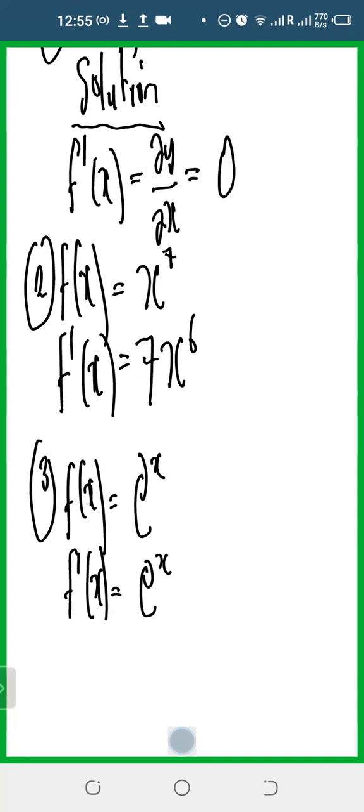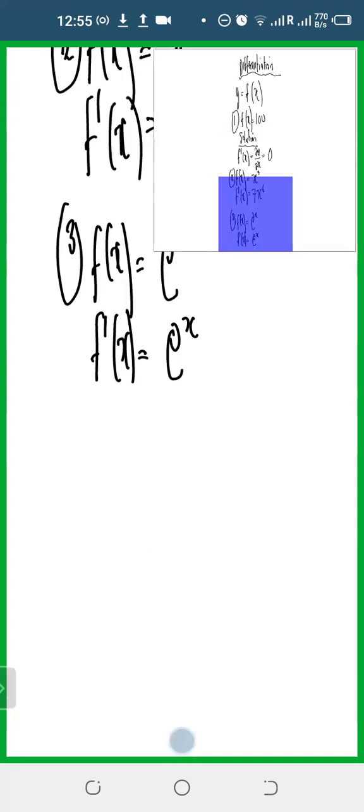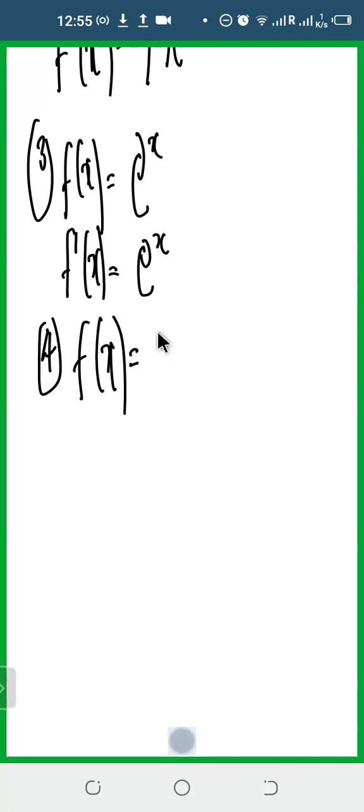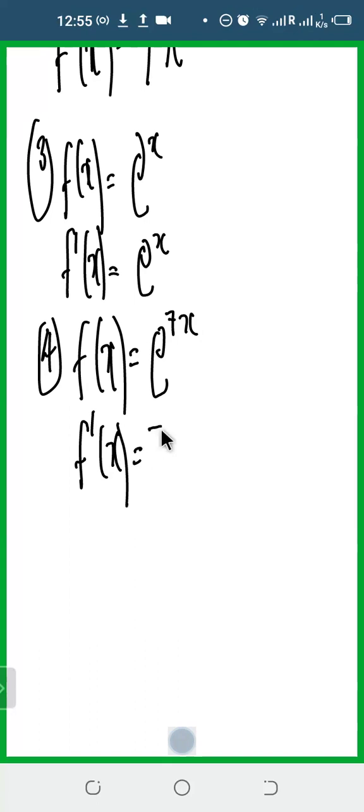So the next question is closely related to number 3. That's number 4. In this case, we have f(x) is equal to e raised to power 7x. So in this case, f prime x is equal to 7e^(7x).